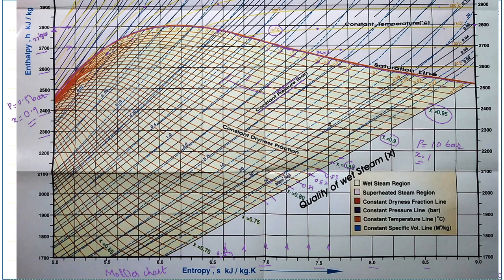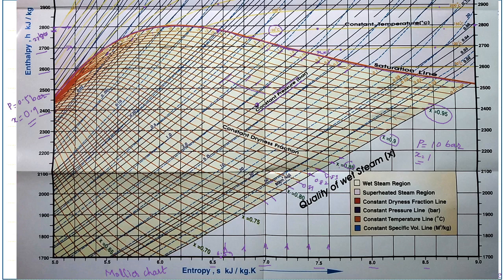We move along this curve, which means this is the point here. So this point is selected. Pressure is 0.5 bar and dryness fraction is 0.9. So at this point we can find out all other properties.